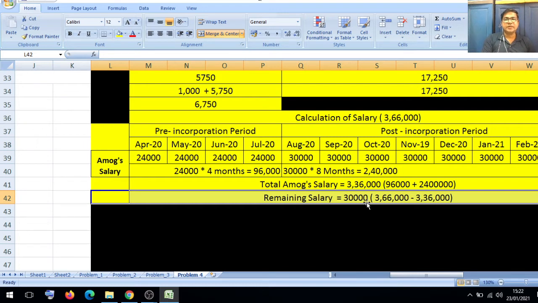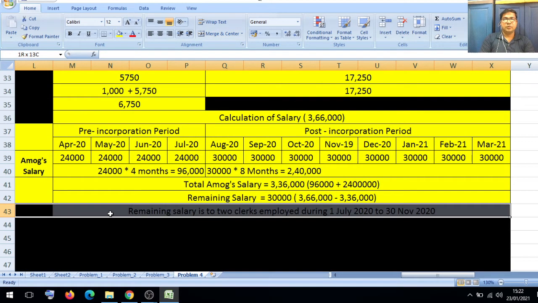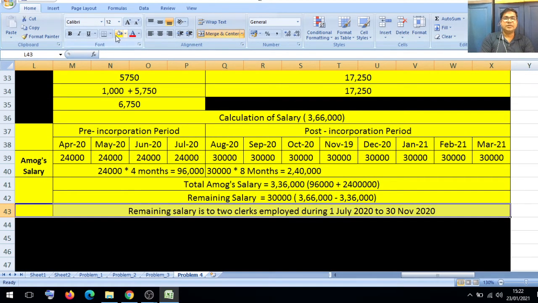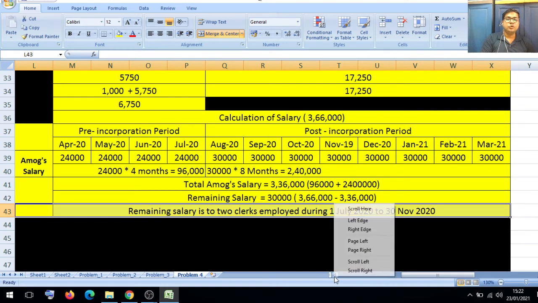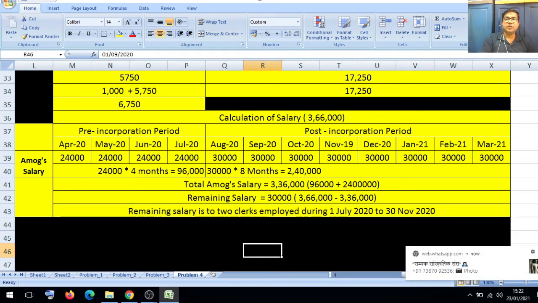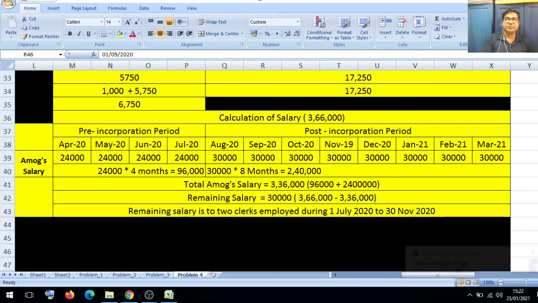The remaining salary is 30,000. This remaining salary is for the two clerks employed from 1st July 2020 to 30th November 2020.